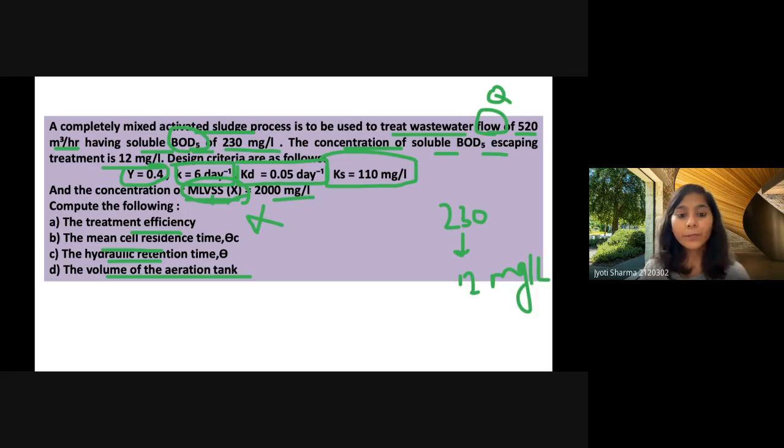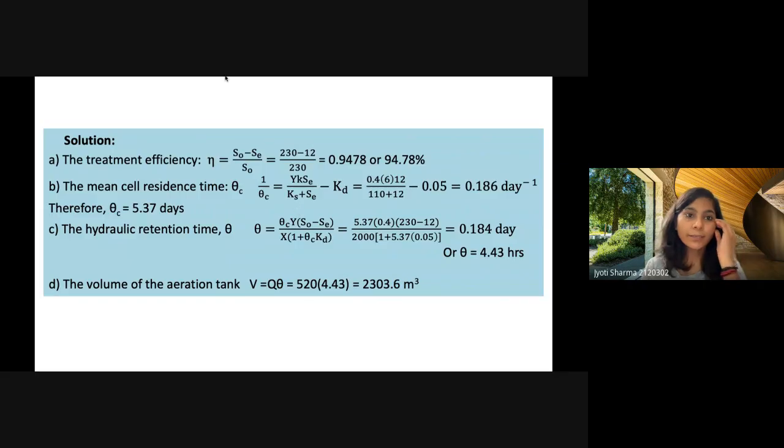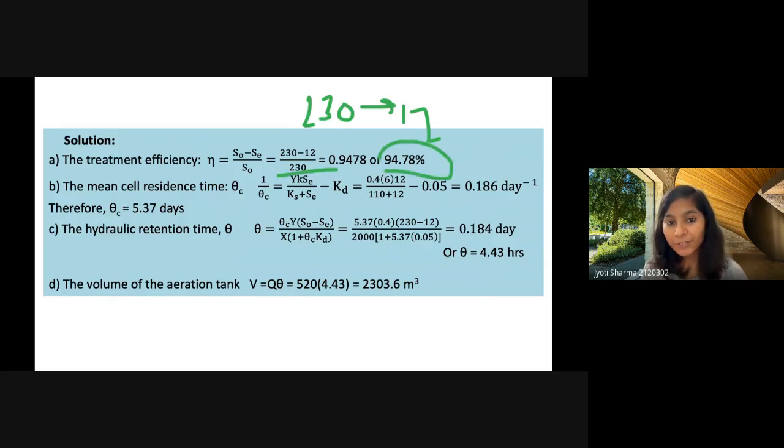So the efficiency, as I told you, BOD removed from 230 to 12, will be 230 minus 12 upon 230. So the BOD removal efficiency is near 95%.